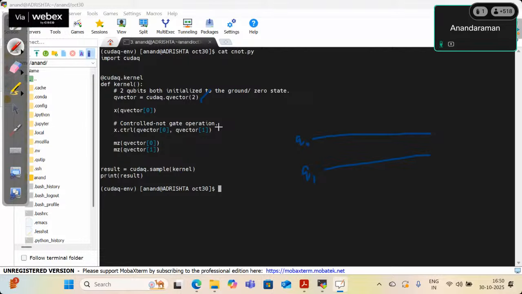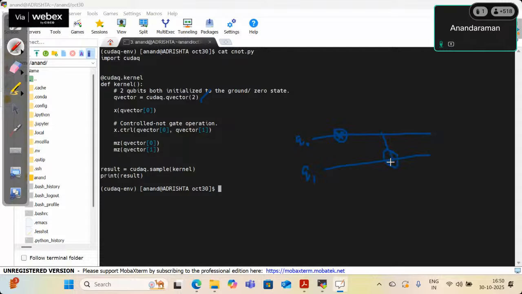For the first qubit, we are applying the NOT gate. The NOT gate is a negation gate. If it is 0, it will be 1. If it is 1, it will be 0. So we are putting a CNOT gate from qubit 0 to qubit 1.